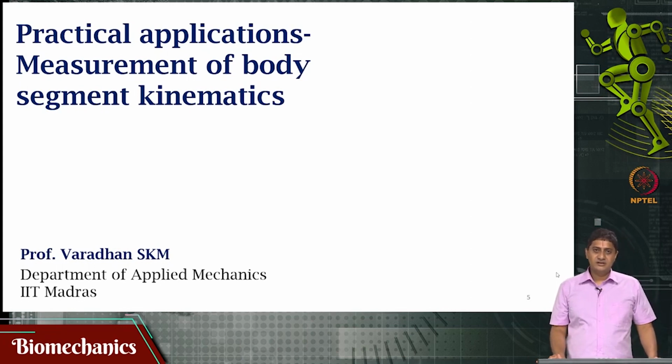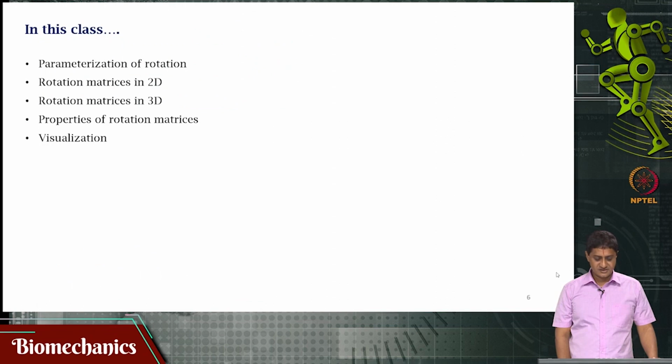We have been looking at some practical applications. Specifically, we are interested in measuring kinematics of rigid body segments in the human body. How to measure, what are the techniques that are available, what are the methods, what are the algorithms that are available. This is of interest for us.